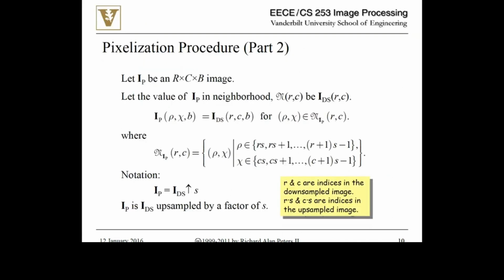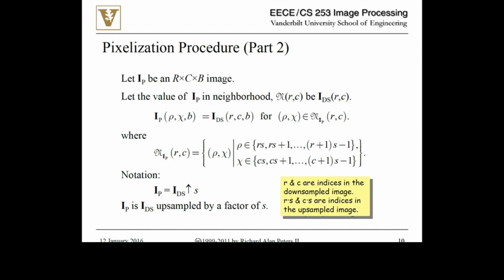Okay, so the output image at the location rho chi, and this is the band, is the downsample image at the location RC, where rho and chi belong to a neighborhood of RC. Okay, what is that neighborhood?